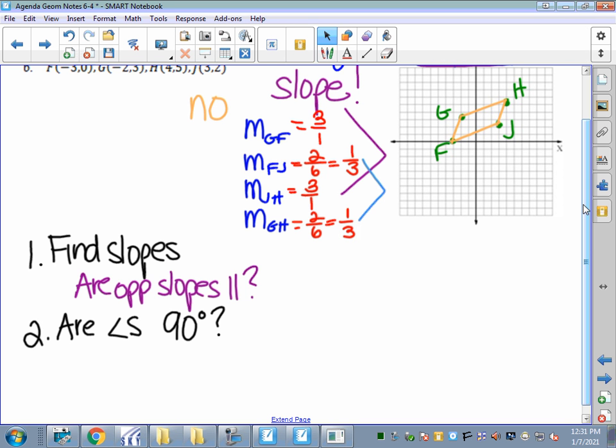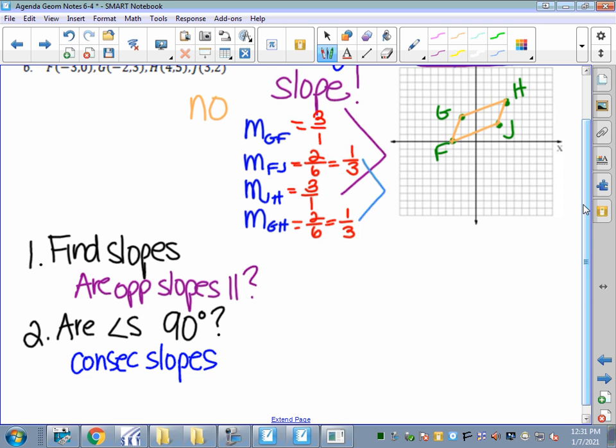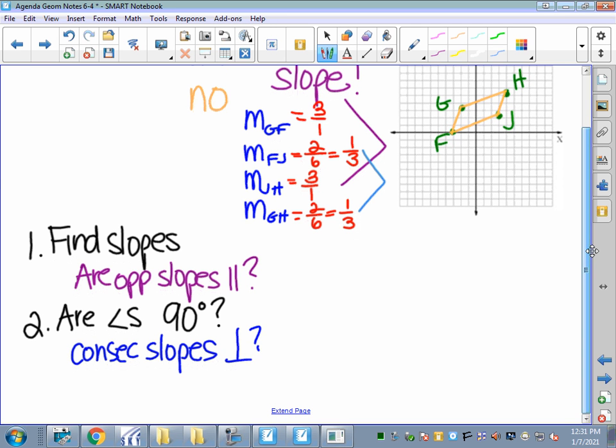In order to do that, we are going to have to look at consecutive slopes. Remember perpendicular? That means they're going to be opposite reciprocals. I can't remember what chapter that was. Maybe it was chapter 3 or something that we did that.